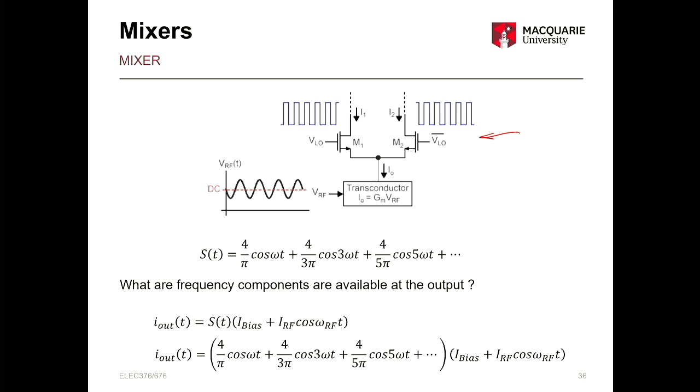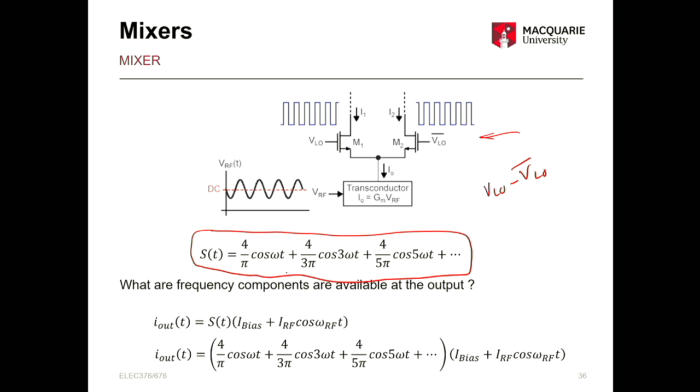So what you need to do, you know when you subtract VLO minus VLO bar, you get a square wave which swings between +1 and -1, right? And you know how to expand the square wave that swings between +1 and -1.